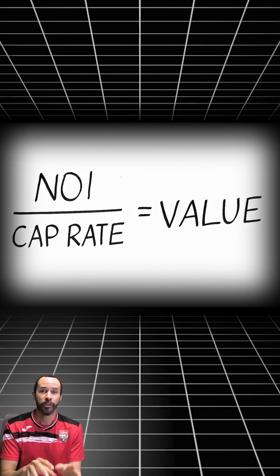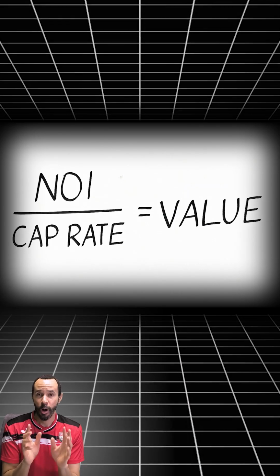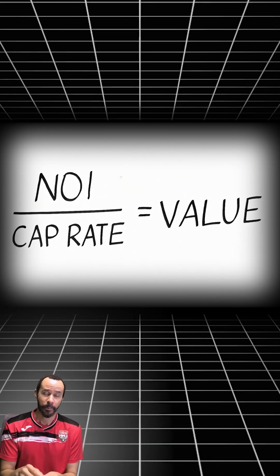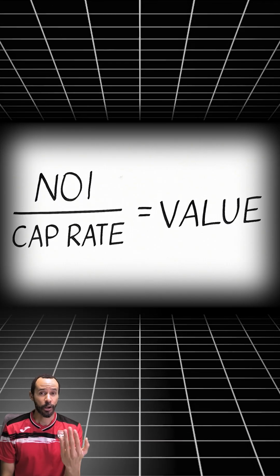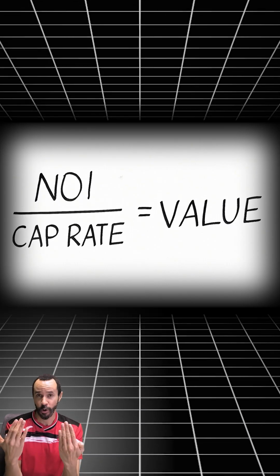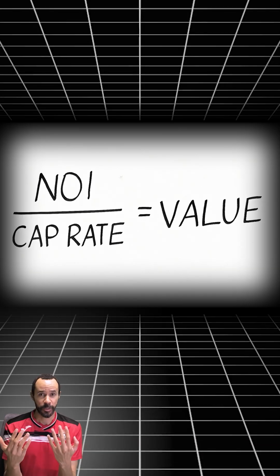The net operating income in this property is much lower than our property. In this case, we don't really have to worry too much about comparables, because the value of our property is based on the NOI, the net operating income, divided by the cap rate. That is going to give you the value. So if our net operating income is higher than that of the other property, our value is going to be higher.